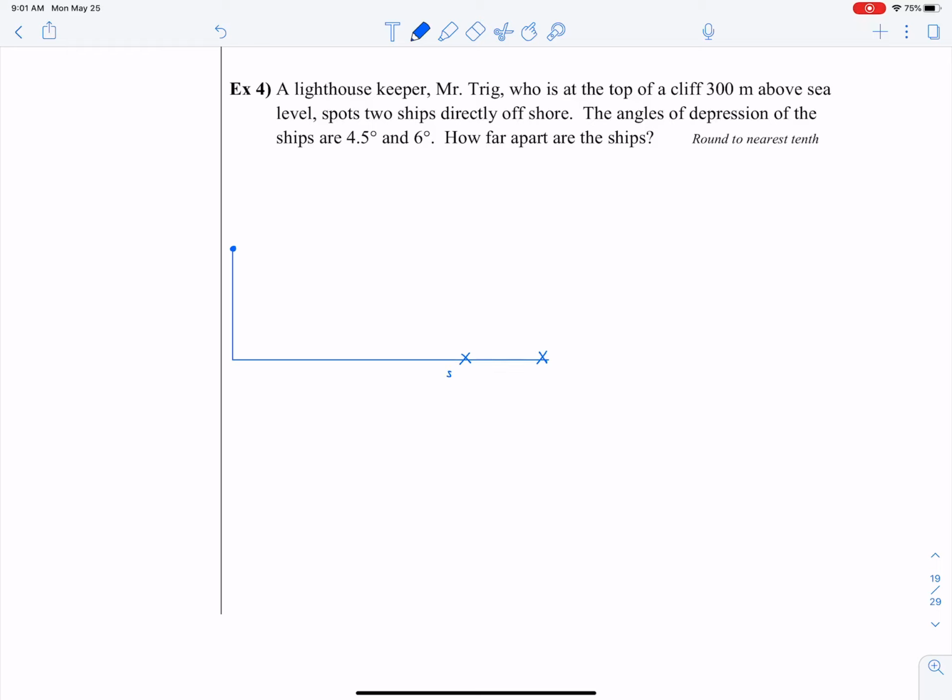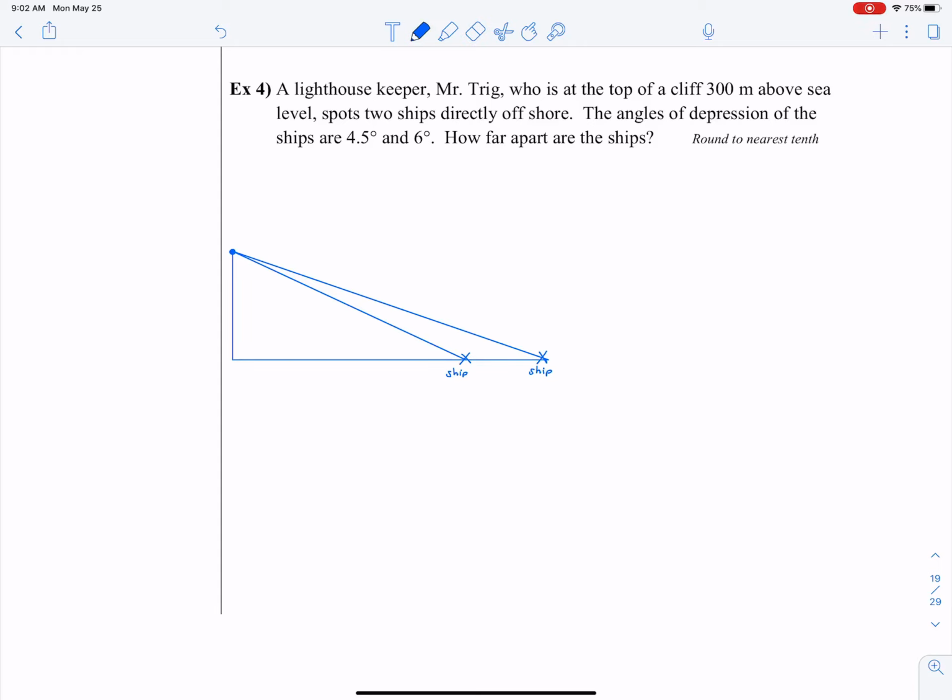Okay, so let's say ship. And Mr. Trigg spots those ships. So let me fix Mr. Trigg.